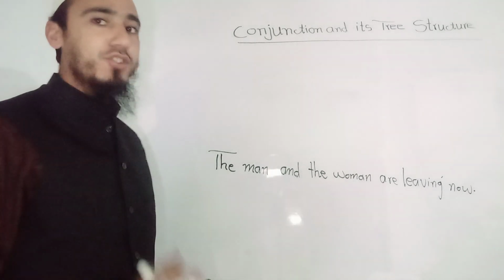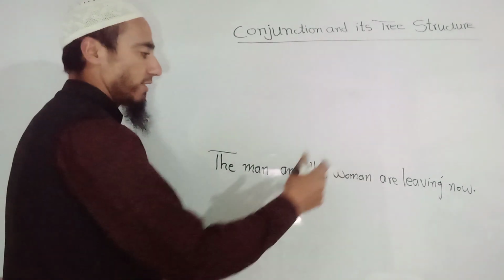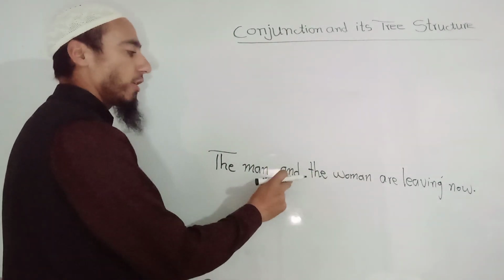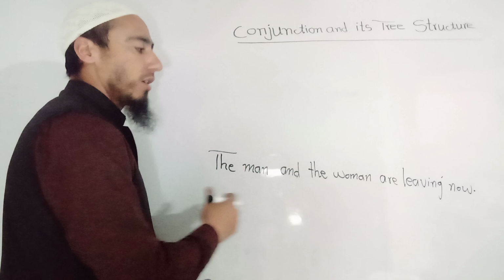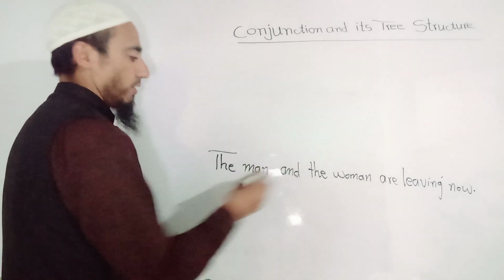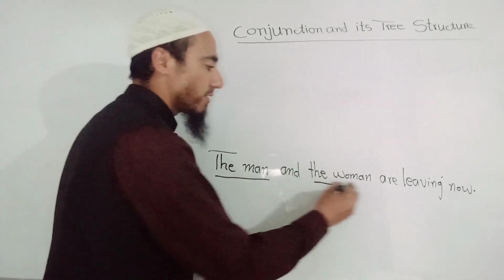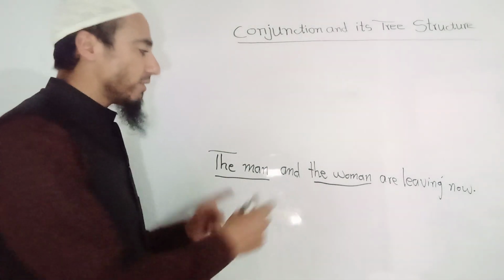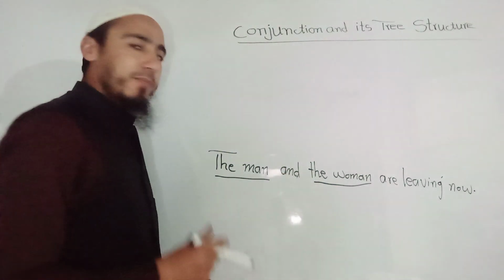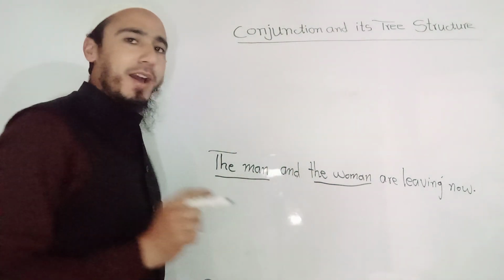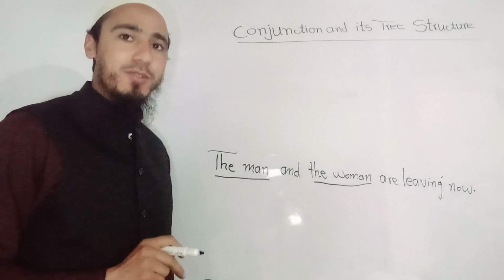Listeners and audience, when we are talking about building the tree diagram for the whole sentence, our focus would be particularly on the conjunction, which is a coordinating conjunction, because it joins two constituents, two phrases. So here you see we have the man. This is one constituent, and we also have the woman. This is another constituent. These are two constituents which are connected by just one conjunction, that is called coordinative conjunction.